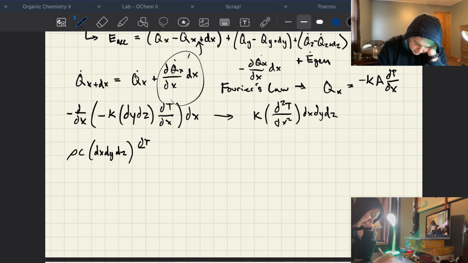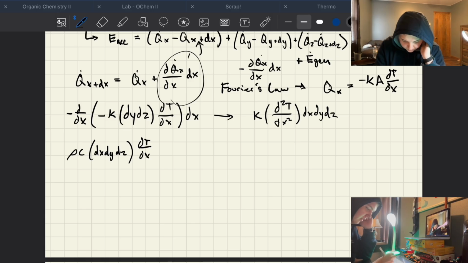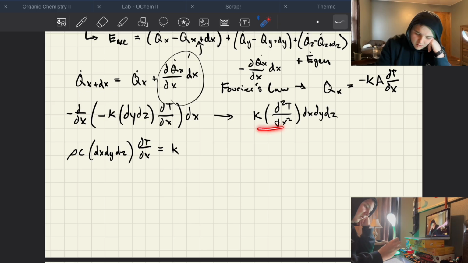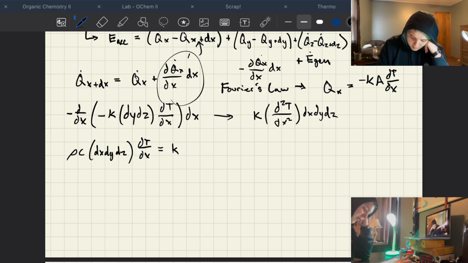Oh my gosh, it is extremely windy right now. And then we're just going to add this value here, keep circling with my hand like you can read it. But for all the different faces, so we're going to have d squared T over dx squared. And we're just going to do this for all of them.